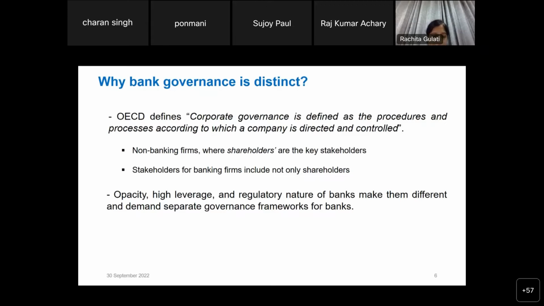Therefore, a banking firm which is committed to good governance should not only focus on an empowered board, but also have strong internal risk and audit controls, a high level of transparency and disclosure, well-defined and protected shareholders' rights, and a rational incentive structure.